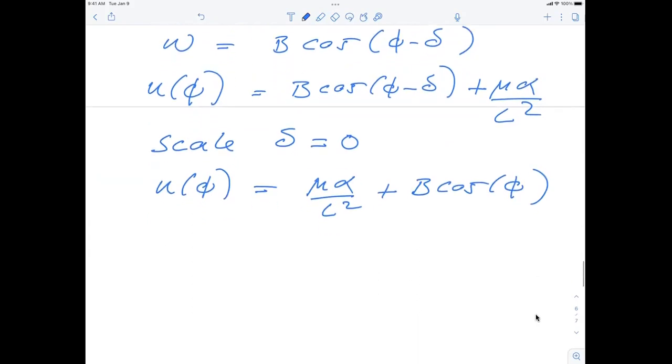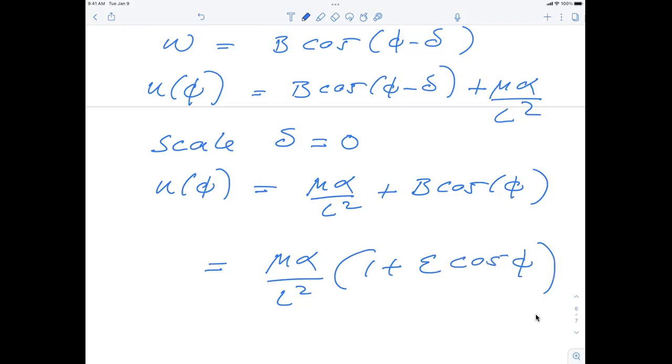I can rewrite it as mu alpha divided by L squared times 1 plus epsilon cosine phi. And this epsilon plays an important role now. This is going to be called the eccentricity. So for those of you who have taken a course in astronomy, you have probably encountered this parameter. This parameter plays an important role when we are going to analyze the type of orbit which we are going to get.